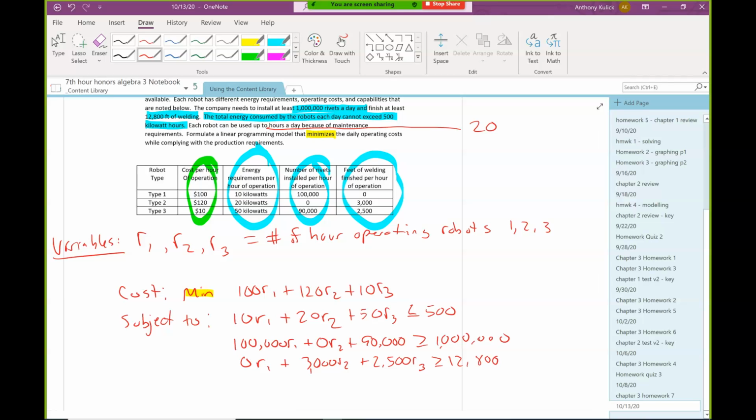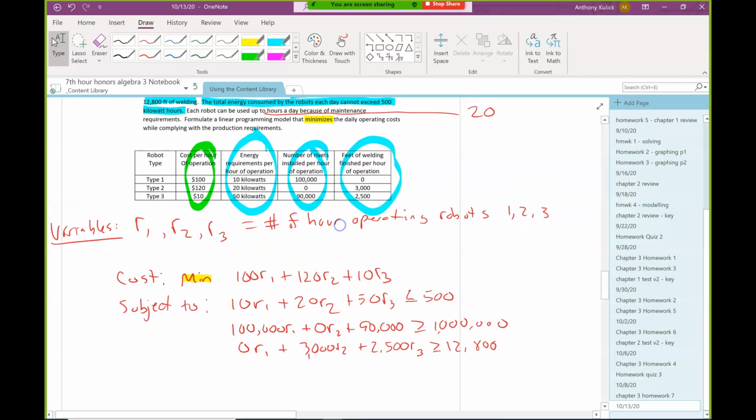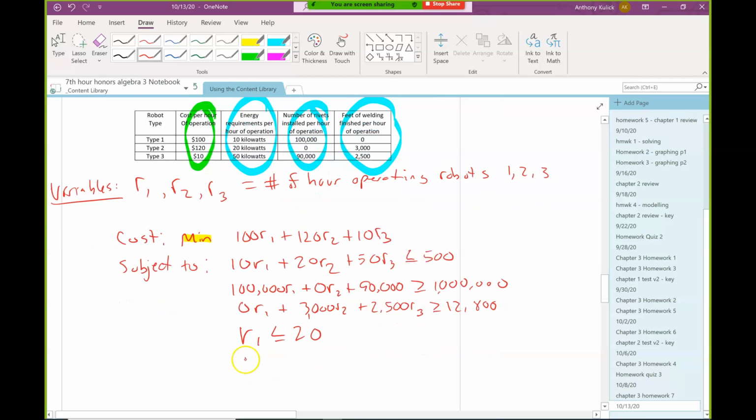Okay. And then we got a couple more still that I can see in here. Tom. Good. Very good. So how would we write that? Good. Yep. And the R2 and R3 also, right? Okay.